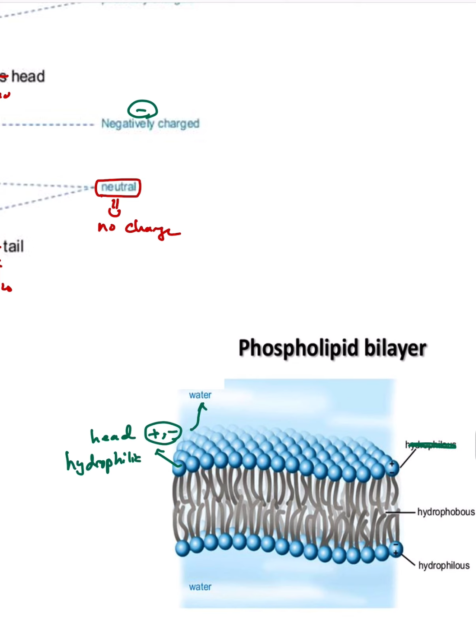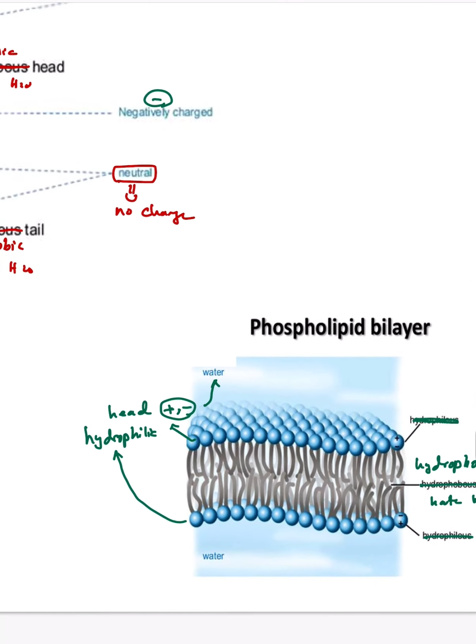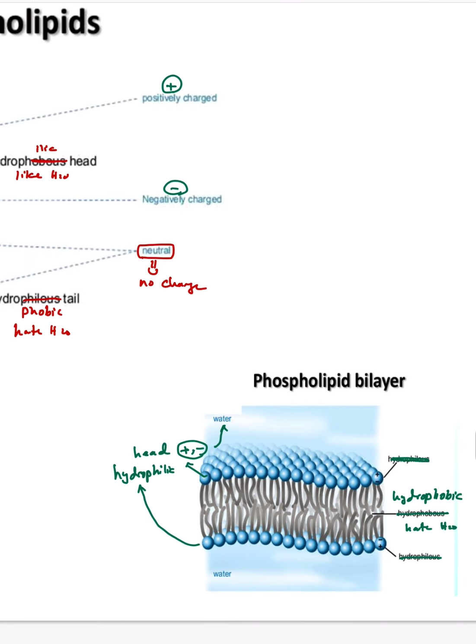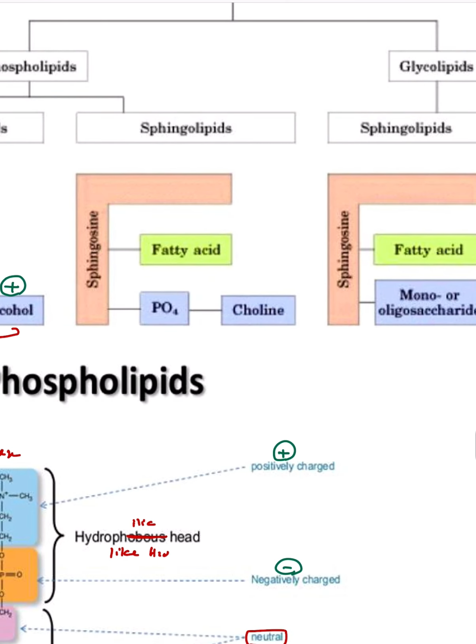They like water, and water can surround it, and the other side is also hydrophilic, and the middle is hydrophobic and hates water, from the glycerol and fatty acids. The fatty acid can be unsaturated or saturated. It's very, very important. And I go to the sphingolipid.